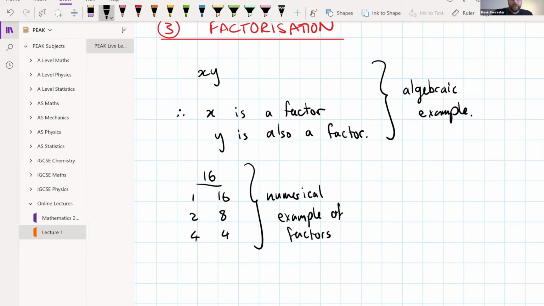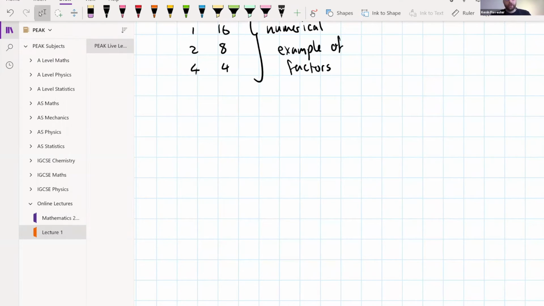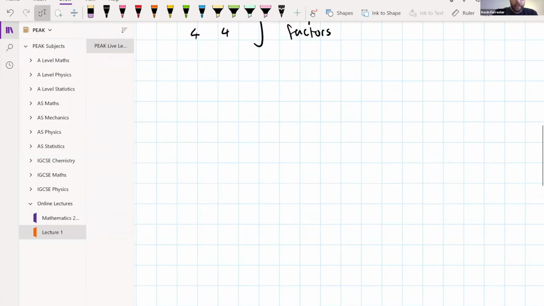Now, factorization doesn't necessarily mean splitting up a particular term. It's actually how we group terms into a bracketed expression, and basically taking out a factor that is common to both of our terms. So let's look at an example where we do factorizing to separate common factors from two terms. Take a look at this example: xy plus 4x. Now let's see, what is a common factor between these two terms?